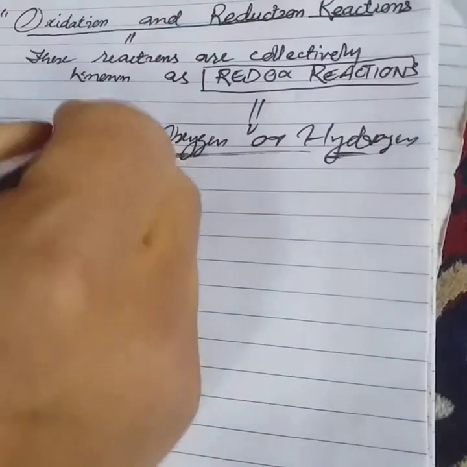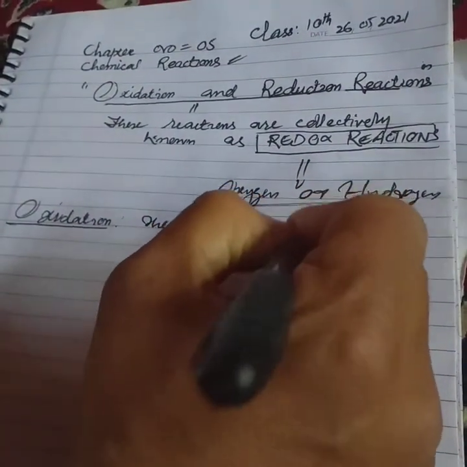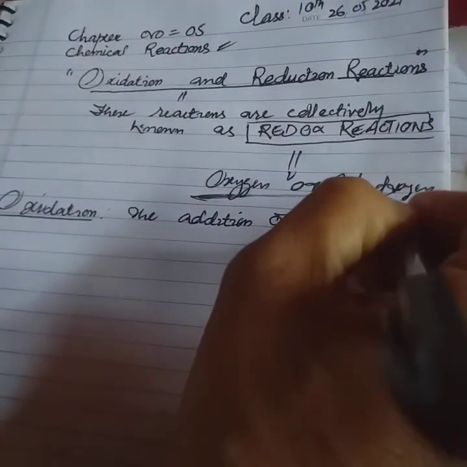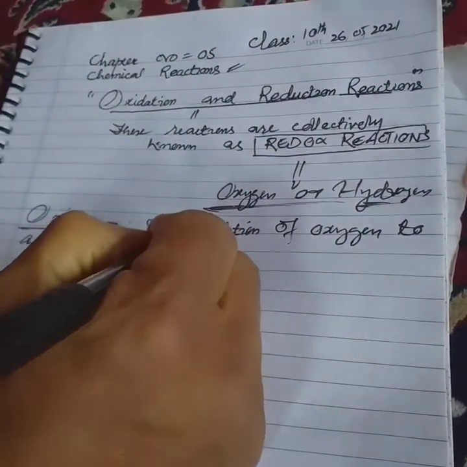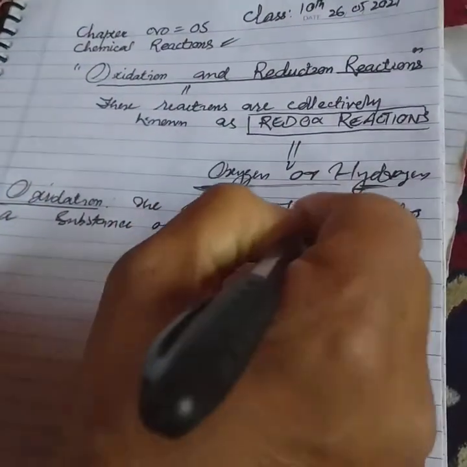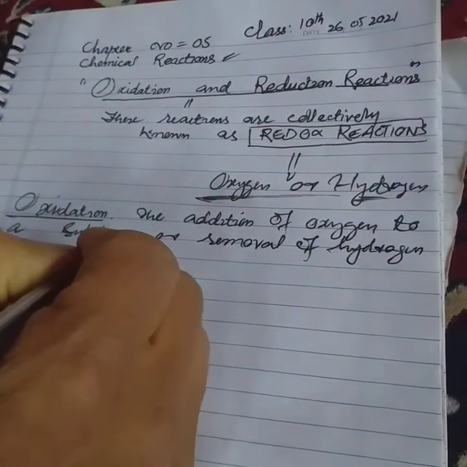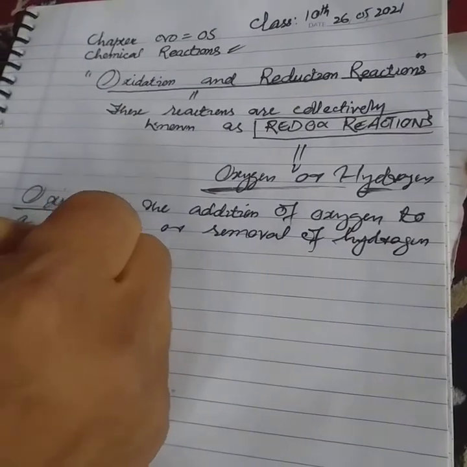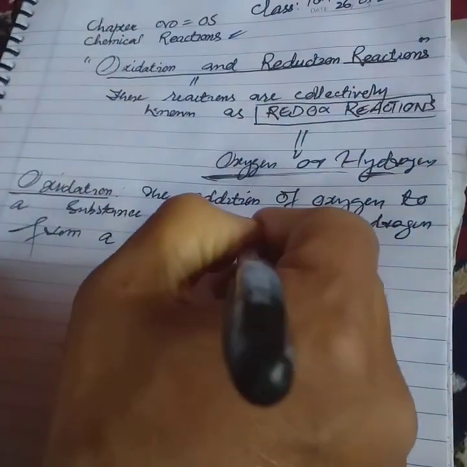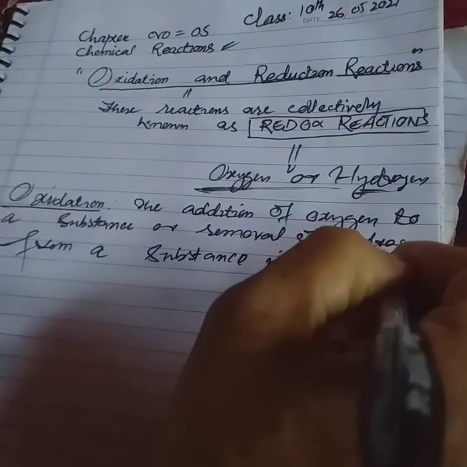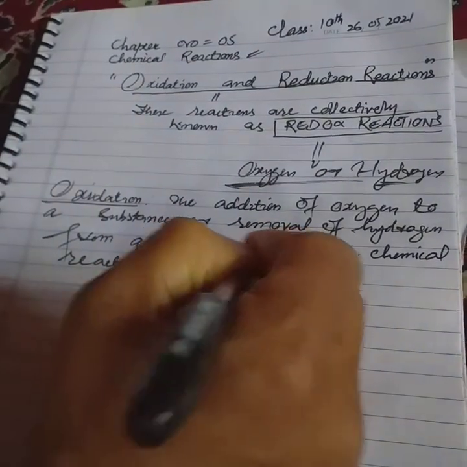The addition of oxygen to a substance or removal of hydrogen from a substance in a chemical reaction is known as oxidation.